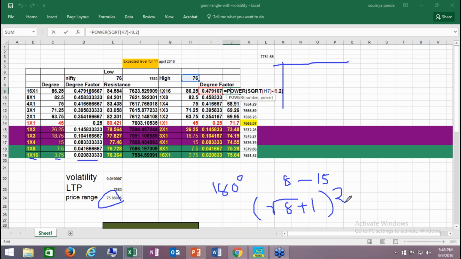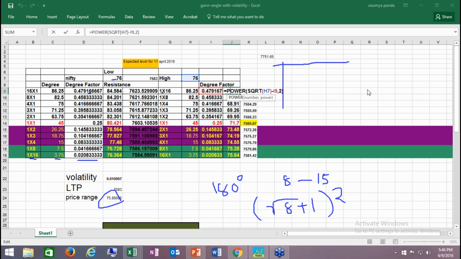Same principle we are going to use here. We got 76 points as per the volatility estimate. However, this 76 points represents only one volatility estimate which we have calculated.